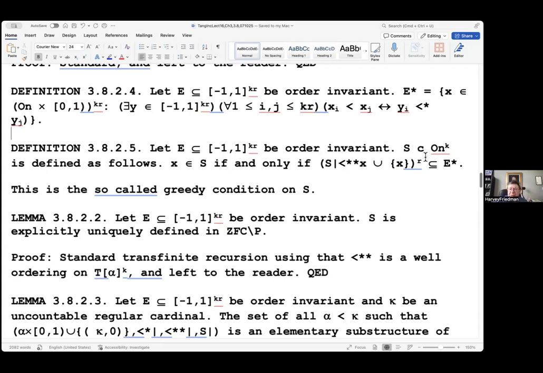Okay, so this should be inclusion. Let's do that. There's a lot not formatted here. I just ran out of time. All right, so a subset of ON to the K, S, is defined as follows. X is in S if and only if... we're trying to build a subset of E star.